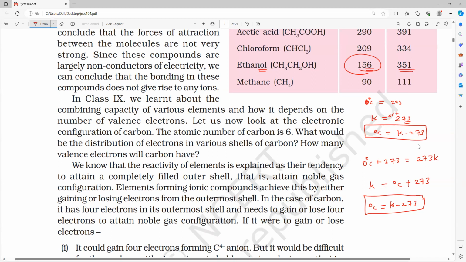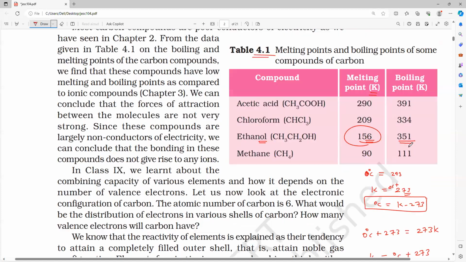Now, the tabular column gives the melting point as 156 Kelvin and the boiling point as 351 Kelvin. I taught you the boiling point just now. What is the boiling point? 78 degrees Celsius.